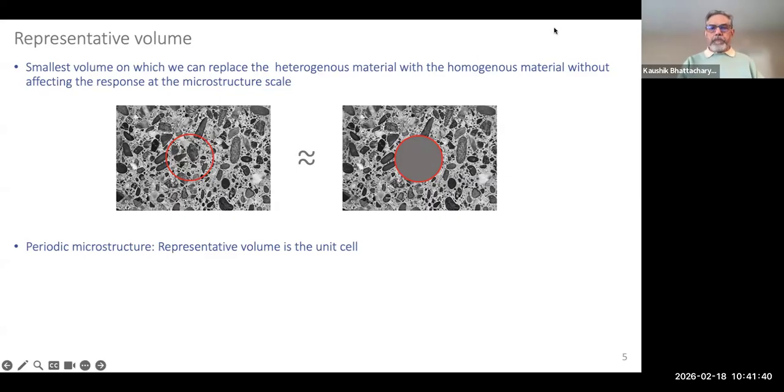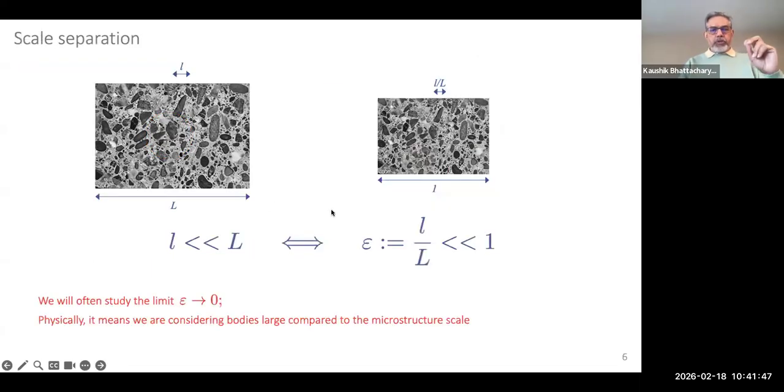All right? So the final thing is I talked about how we'll do asymptotics, and this is this notion of a scale separation. One of the things we'll talk about a lot when we do asymptotics, and you already saw this in the lecture that you had from the professor, is that you do asymptotics of the length scale going to zero.